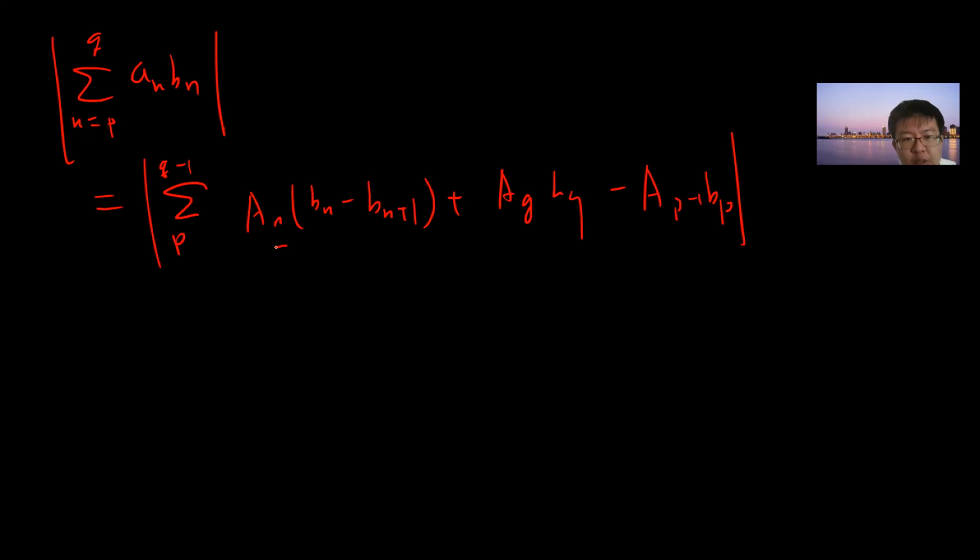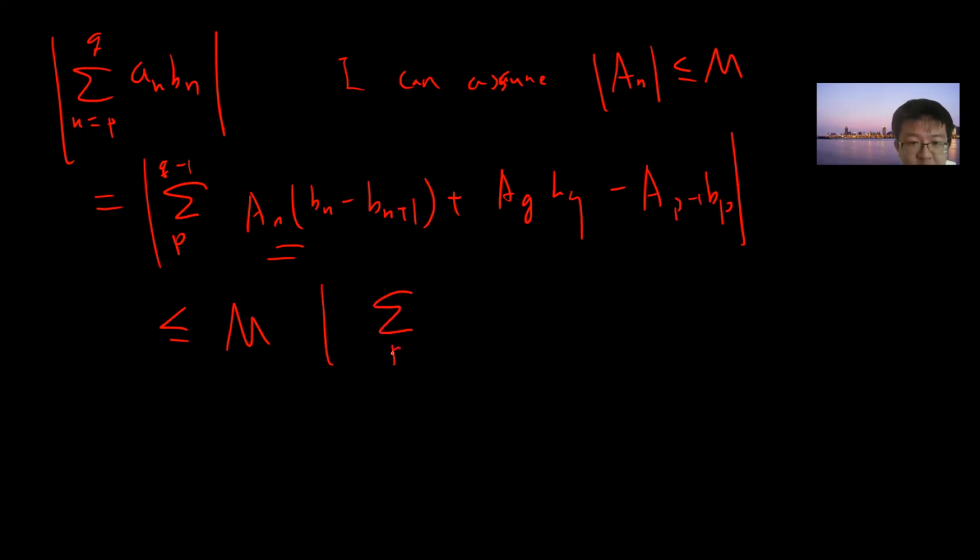Since it's bounded, I can assume all the An are bounded by M, so I can take M out. Now it becomes the sum from p to q minus 1 of bn minus bn plus 1, plus bq plus bp.